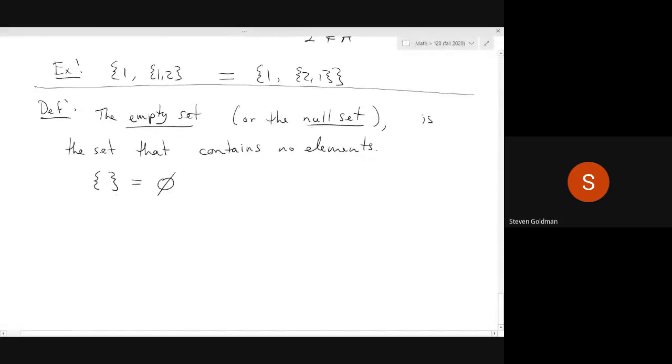So there's two different ways to denote the empty set. Either way is used. There's also a term for a set that has only one element in it, and that's called a singleton set. A set with one element is called a singleton set.